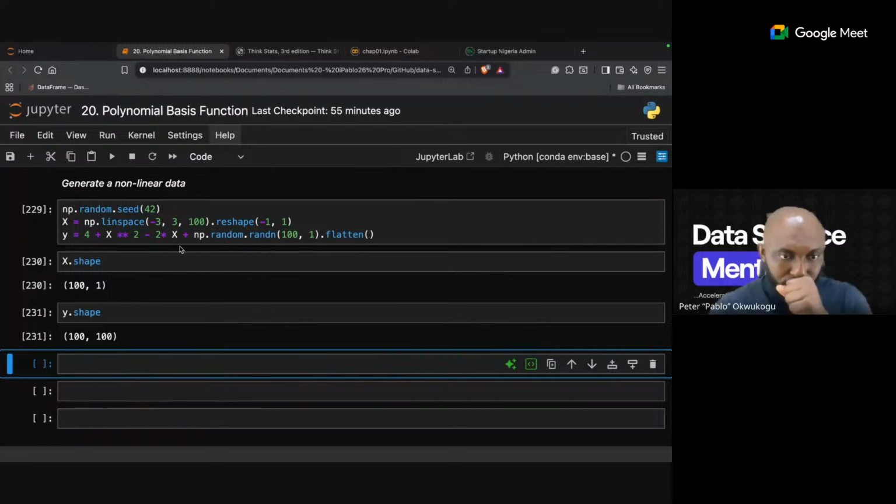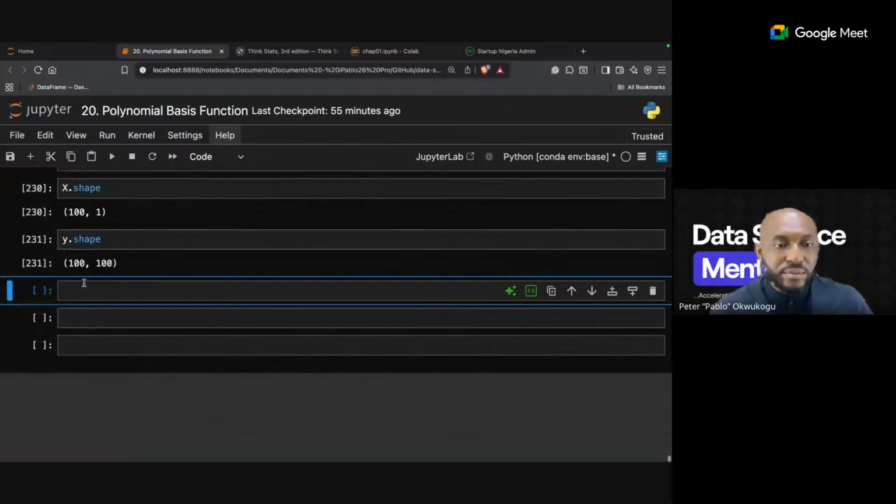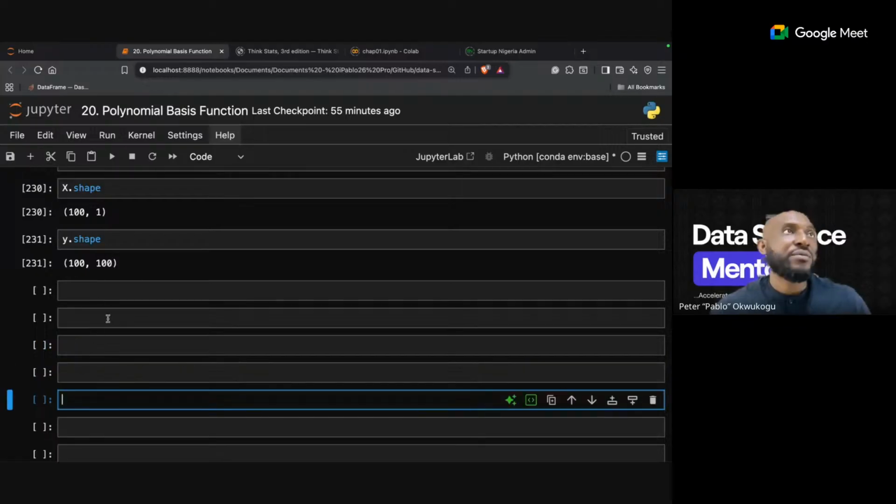Okay, just hold on. Let me try to fit it into this model and visualize, and then if we have an issue with that, we can always come back.